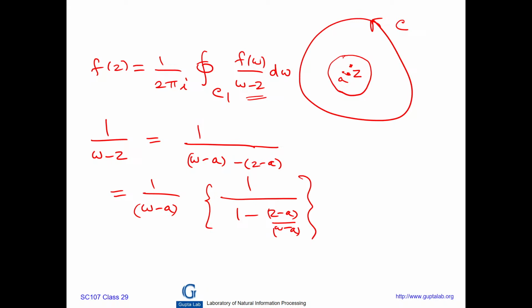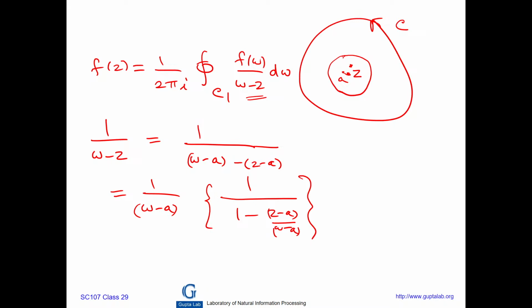Now, do you remember a series? If there is 1 divided by 1 minus z, you can divide 1 by 1 minus z and expand it in series form, when you keep on dividing, as a polynomial.